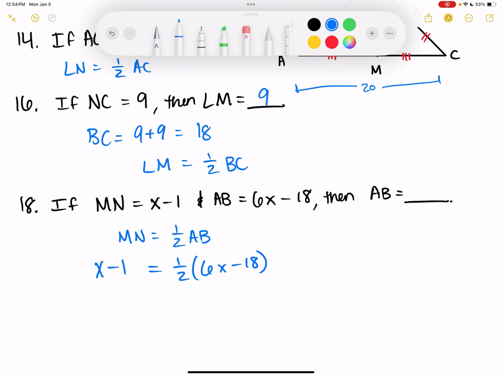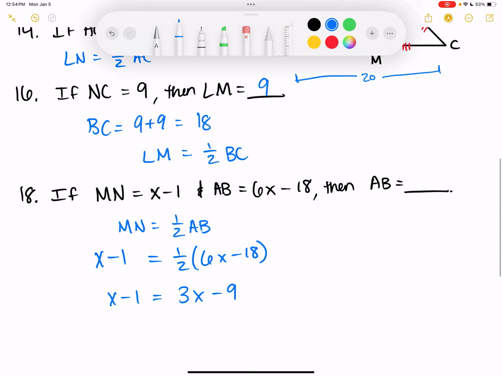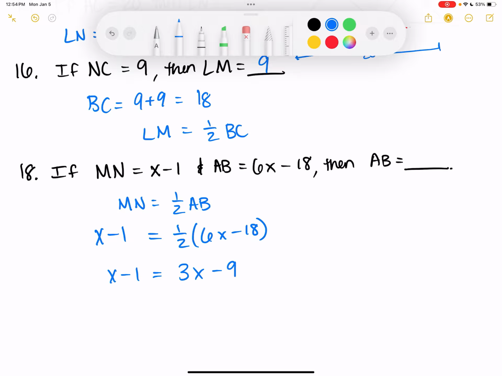I would distribute over here on the right. It's going to make your life easier. Okay, so I've got x minus 1 is equal to half of 6x, which is 3x, and then half of negative 18 is negative 9. And then you're just solving an equation. So I'm going to subtract 3x.